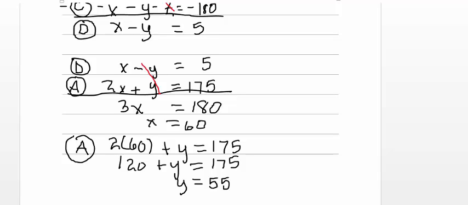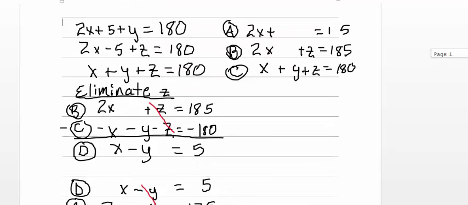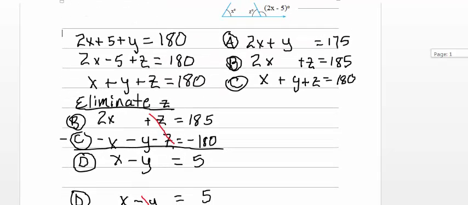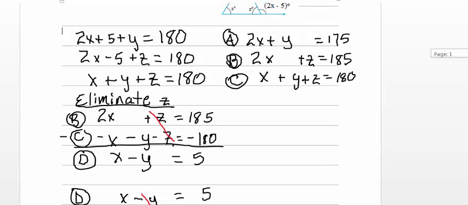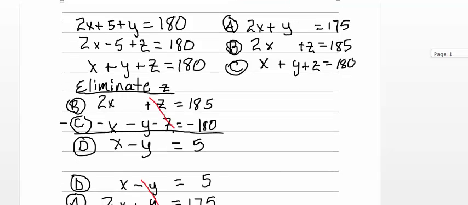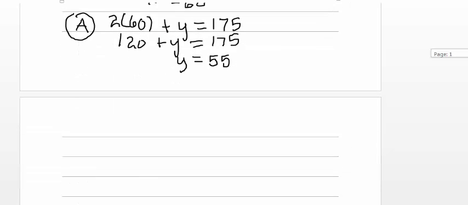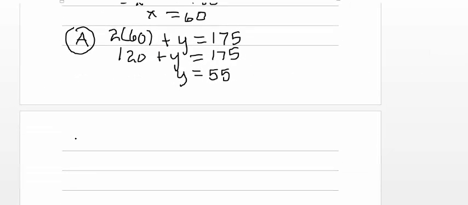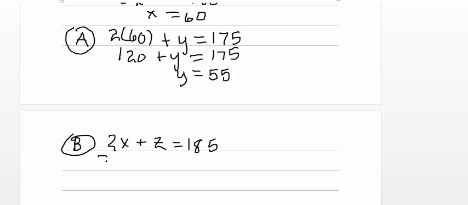And now all I need is to find z. So let's look back at our equations, and we see that either B or C can be used to find z. And of course B is easier because it only involves x and z. So 2x plus z is 185 in equation B. So I'm going to replace x with 60.